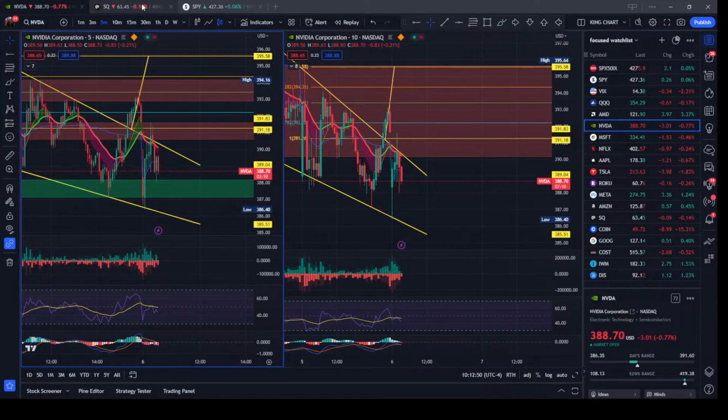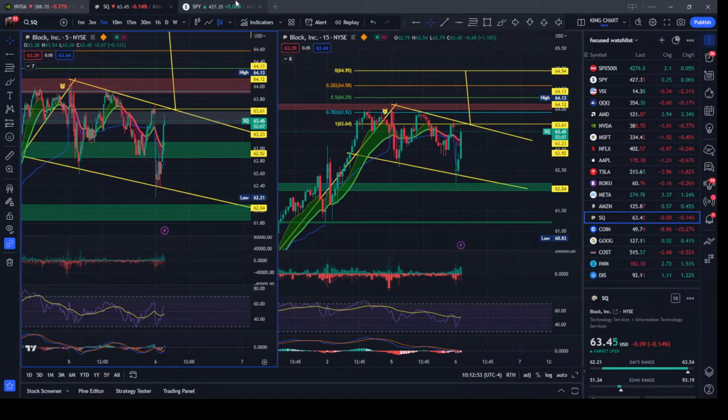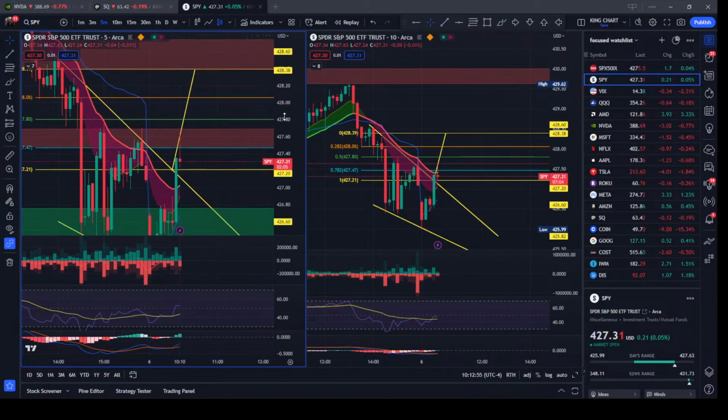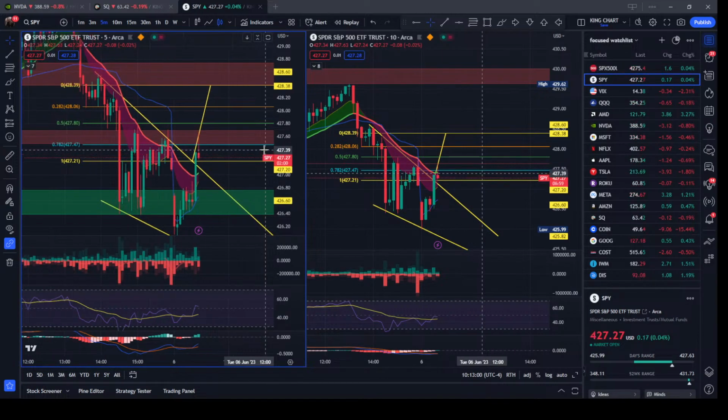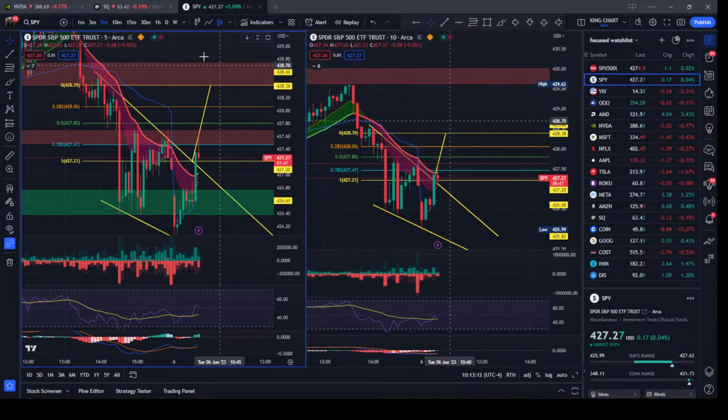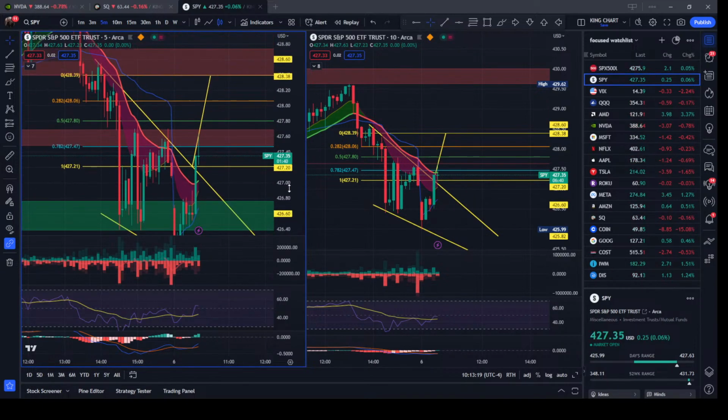Well, NVIDIA doesn't want to push back up. Stop loss for SPY would be 427.21. That's where our initial breakout occurred.